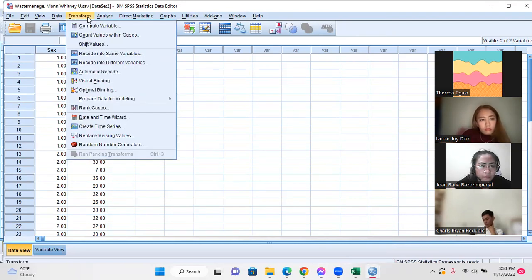So, click transform. Wait lang, kasi maraming pipindutin eh. At hindi ko masyadong kabisado. Titingnan ko ang aking kopya. Normalizing.